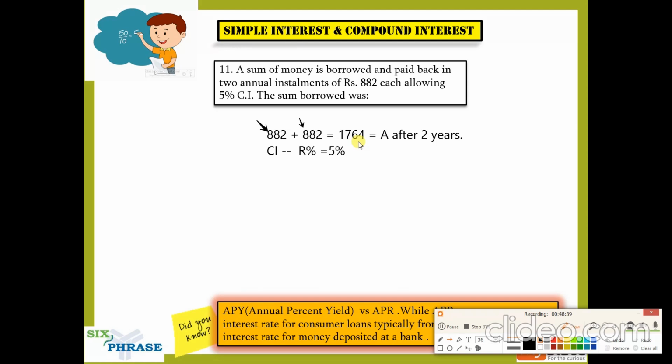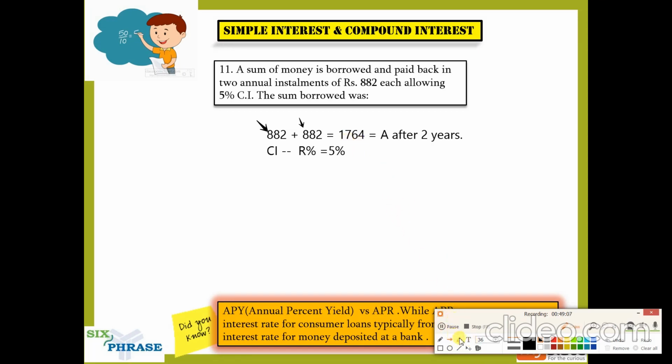Okay, when he pays it back, he gives back 1,764. Okay, this is for 2 years. He gives it in 882. Okay, but what does the 882 include? 882 and 882, which is 1,764, includes 2 years of compound interest, which is 5%. Okay, so what in essence is happening is, guys, we'll have a principle, right?